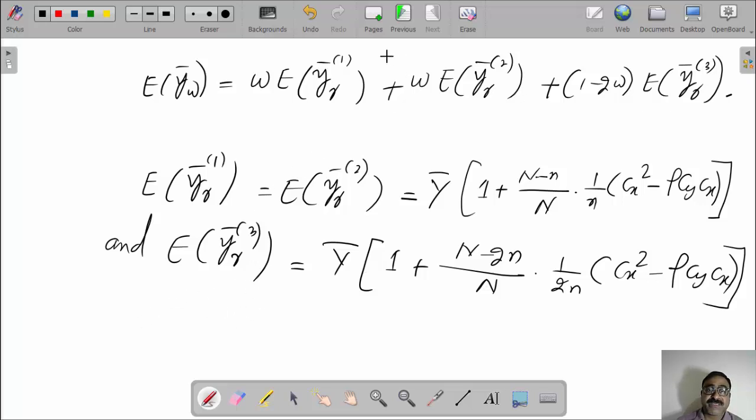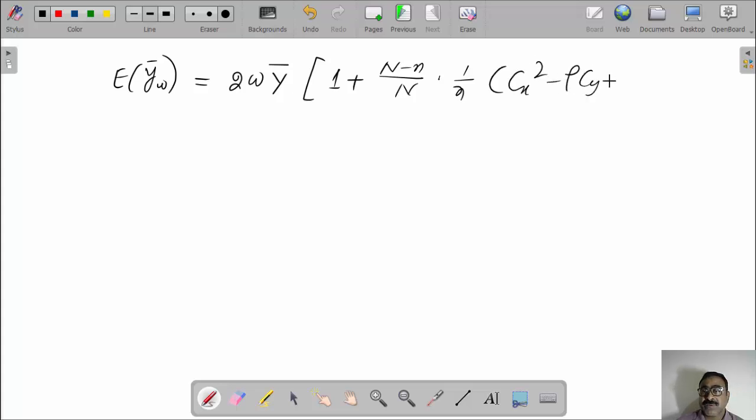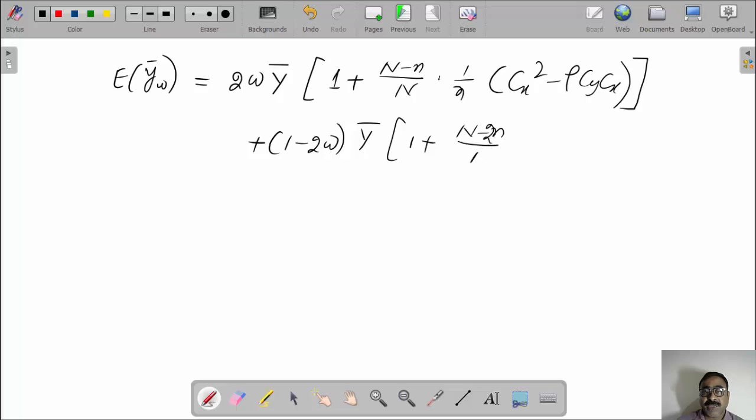So now expectation of y W bar equals 2W Y bar into 1 plus ((N minus n) by N) into 1 by n into (Cx square minus rho Cy Cx), plus (1 minus 2W) Y bar into 1 plus ((N minus 2n) by N) into 1 by 2n into (Cx square minus rho Cy Cx).